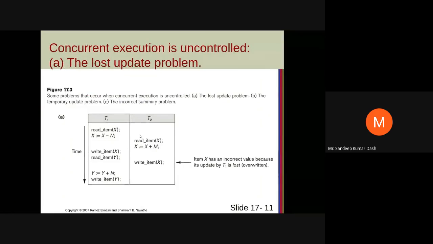Tell me. 45, sir. Not audible. Can you be a little louder? 45. 45. Anyone else? How much value will T2 read for X?